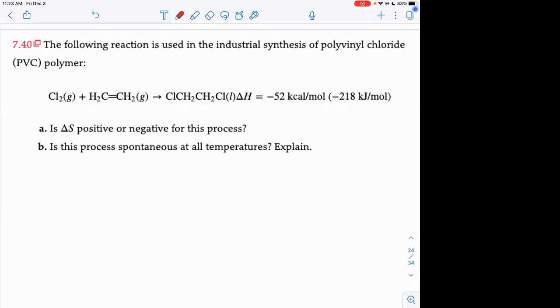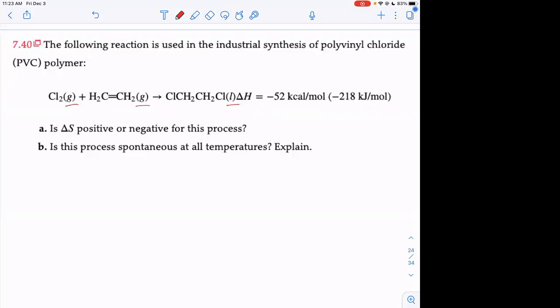Delta S is the amount of disorder in a compound or the reaction. So we have gases on the reactant side and we're making liquids. It's becoming more ordered. So remember, delta S is a measure of disorder. So we're losing disorder because we're becoming more ordered.